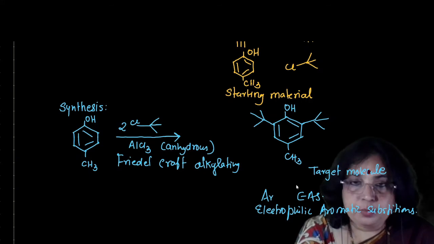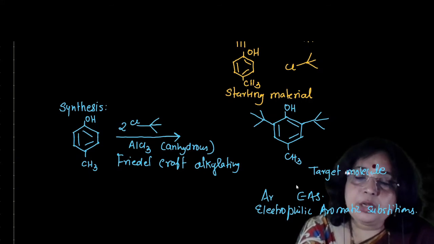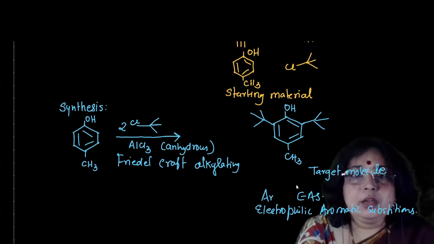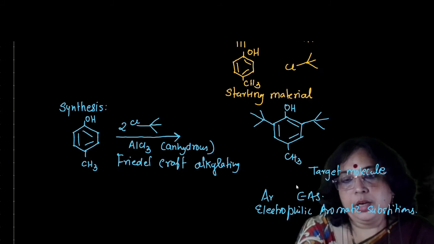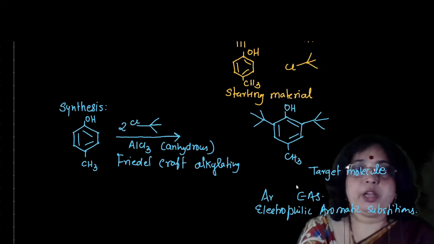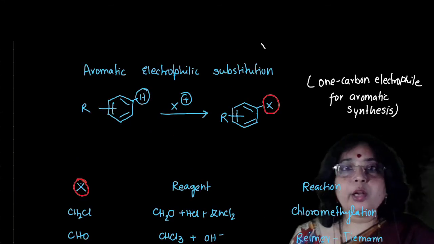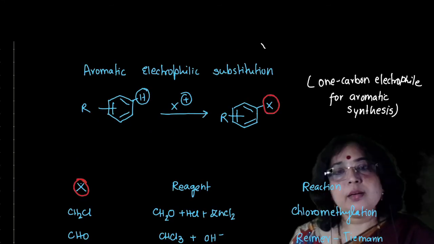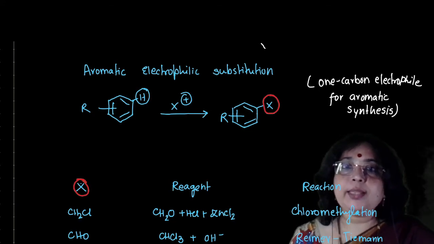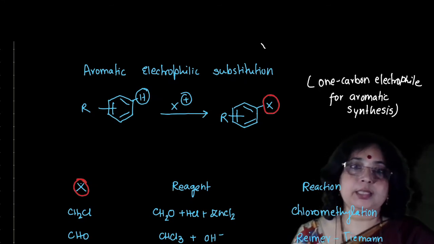And I will explain which reagents are really required or necessary for the retrosynthetic analysis of electrophilic aromatic substitution reaction. So here is an aromatic electrophilic substitution reaction where we can use an electrophile, that is a 1 carbon electrophile, for the aromatic synthesis.